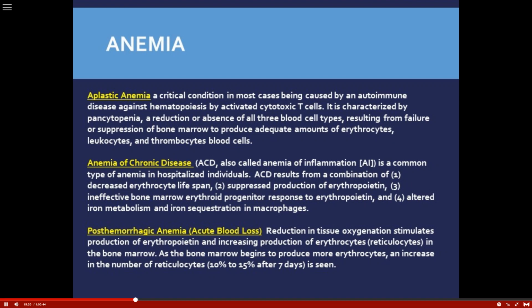The other thing about aplastic anemia, we know that the main cause is an autoimmune disease, but just fascinating, and you don't have to memorize this by any means, but I just want you to be aware as providers that there are actually medications that can cause a patient to go into an aplastic anemia process.